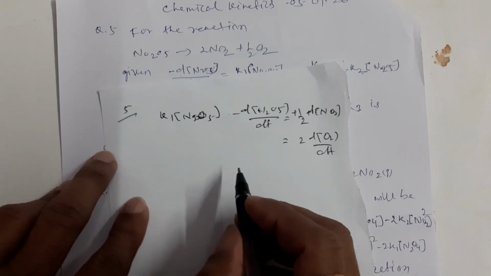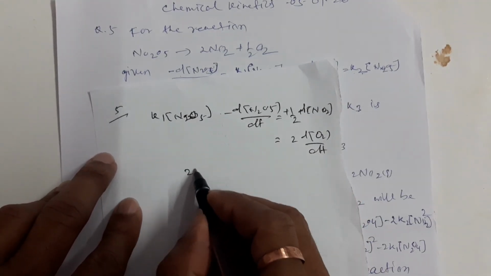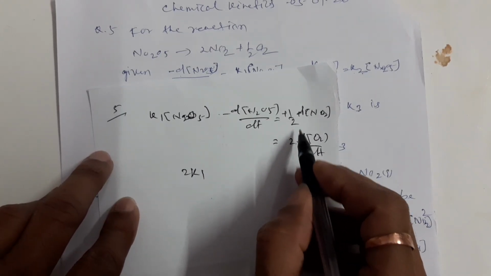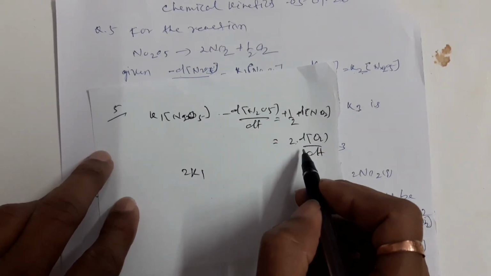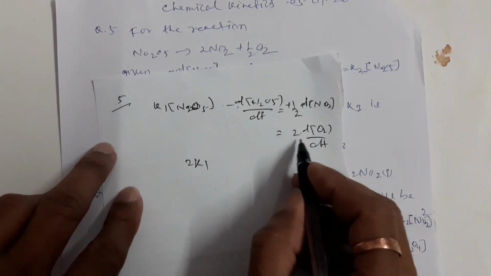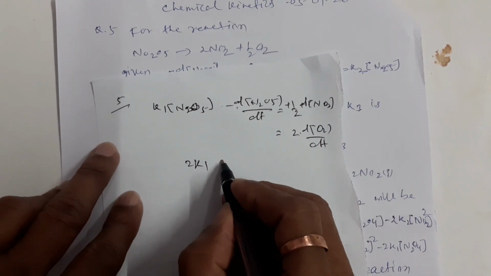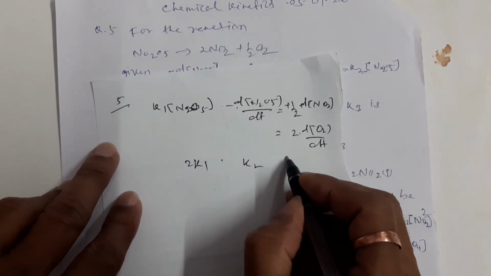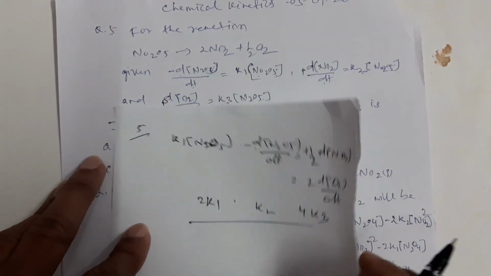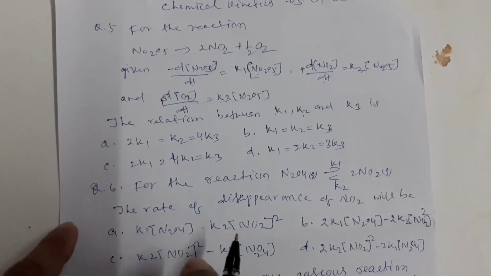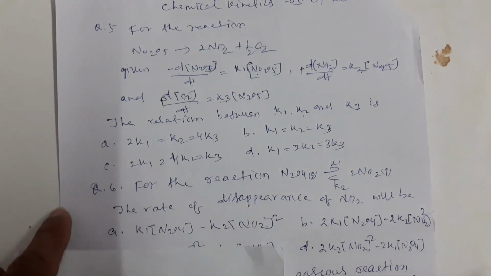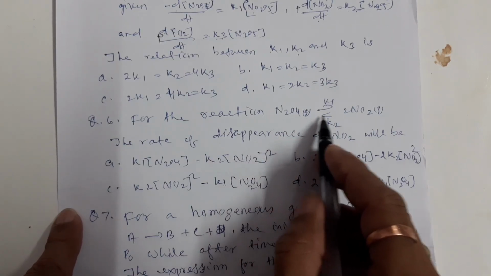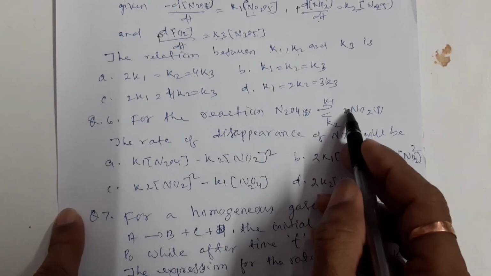So what will you get? This is 2, this is half, this is 2, and this is 1. So you take the LCM, you will get 2K1 equals K2, and here 4K3. So the relation is 2K1 = K2 = 4K3.